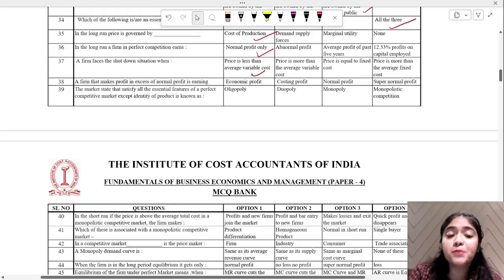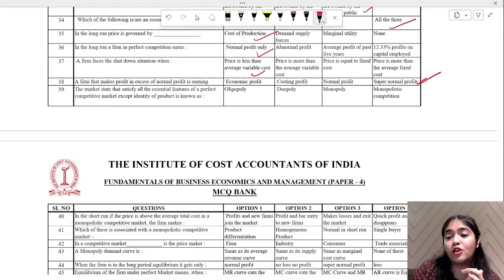A firm that makes profit in excess of normal profit is earning economic profit, costing profit, normal profit, or supernormal profit. Yes, more than normal profit they are earning, that means supernormal profit, option D. The market state that satisfies all the essential features of a perfectly competitive market except identity of product is known as what?